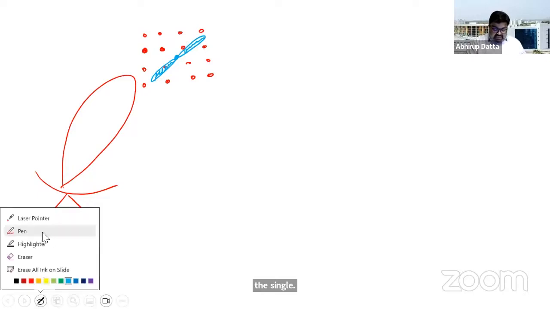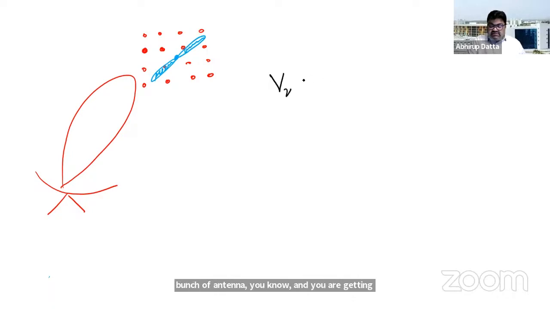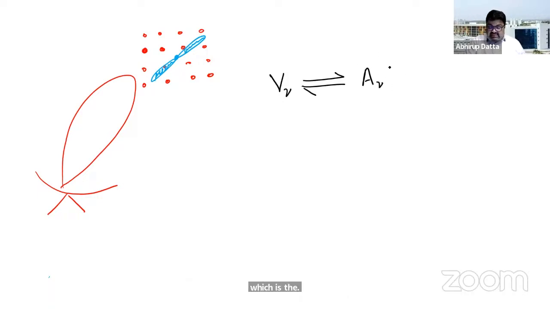Okay. Here, things are a bit different. Here you have a bunch of antennas in an interferometric array, and you are getting visibility, which is a function of frequency. It is a Fourier transform of A, which is the primary beam pattern of any antenna, times the sky.